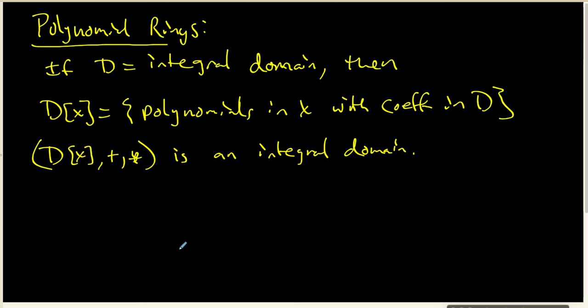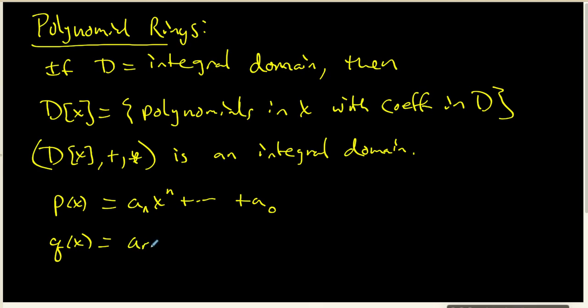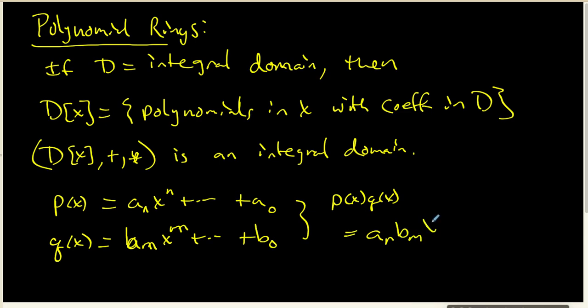And it's pretty easy to see that. We saw that in the previous video. Essentially, it boils down to if p of x is an nth degree polynomial and q of x is an mth degree polynomial, let's say this is b sub m times x to the m, then p times q is going to start off with a_n times b_m times x to the n plus m and have lots of lower order terms.